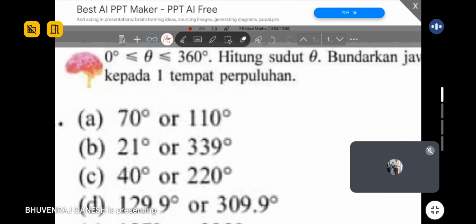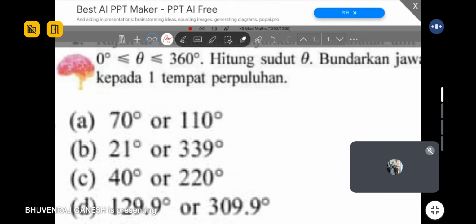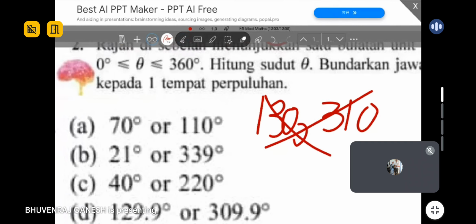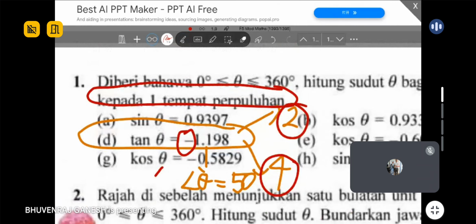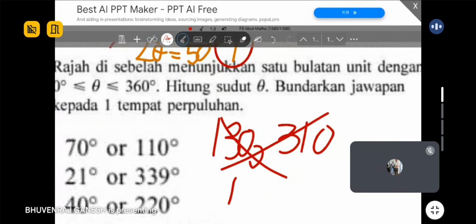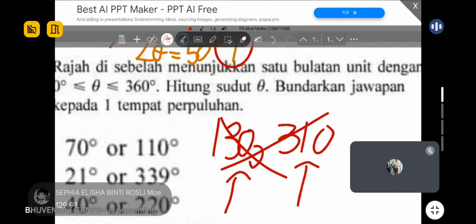So 1D, you must get this answer. Actually, if you write 130 and 310, kalau kamu bagi jawapan ni, dia salah. It's wrong, because the question asks you kepada satu tempat perpuluhan. 1 dp, guys. This one is not 1 dp. Ini bukan satu titik perpuluhan.